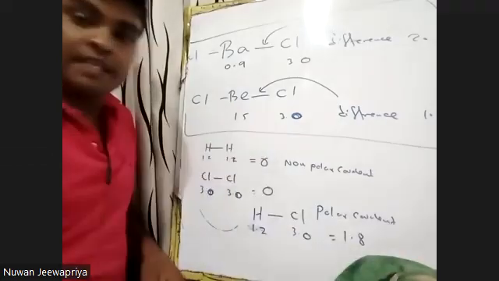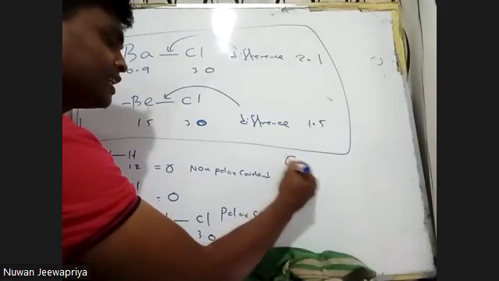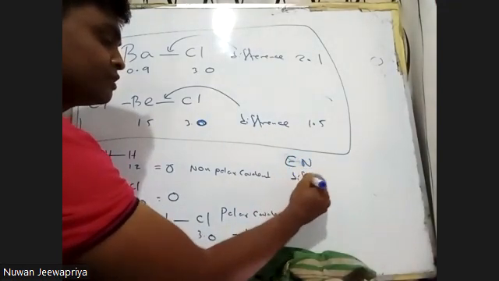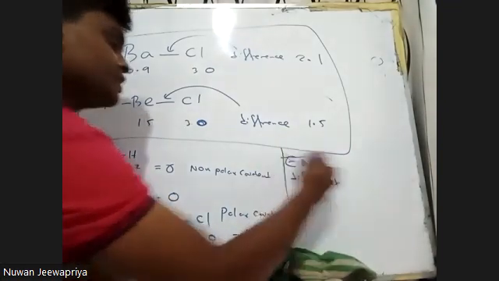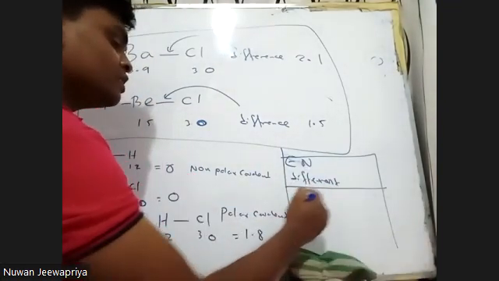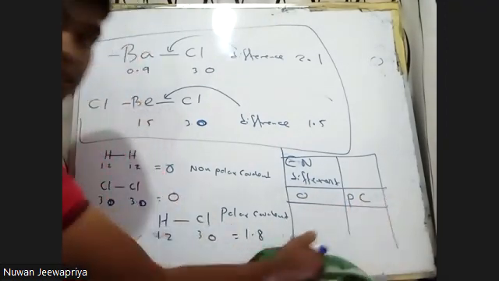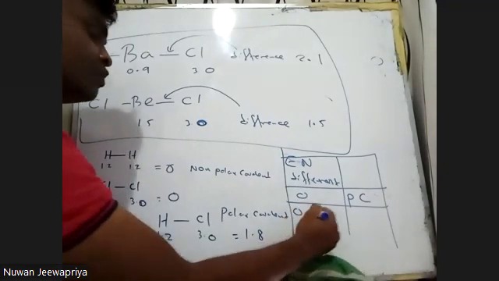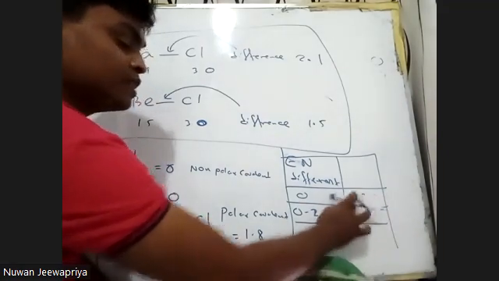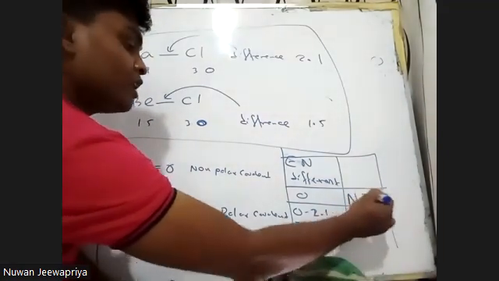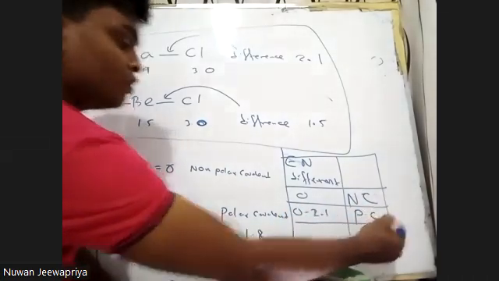So when I consider the electronegativity difference, if the electronegativity difference is 0, non-polar covalent. 0 to 2.1, polar covalent, PC means polar covalent.